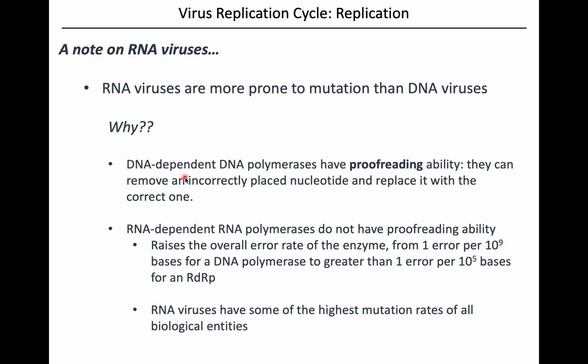And this is one of the reasons we see, like with the influenza virus, right? It mutates very rapidly, so you have to get a flu shot every year because there are going to be new strains constantly arising that previous vaccines may not be effective against.